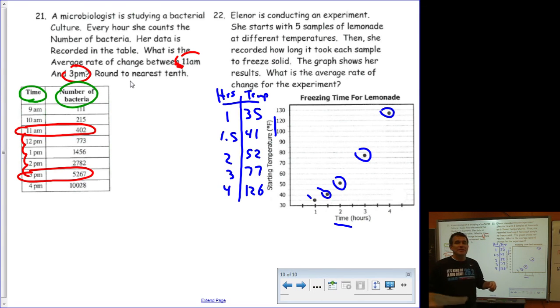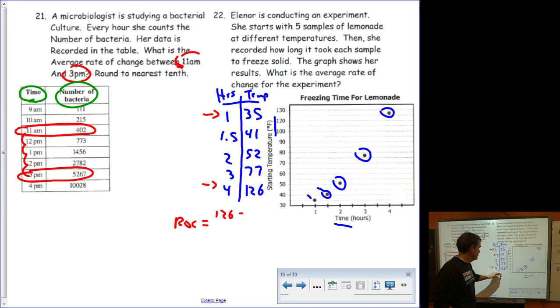And now I'm going to figure out the rate of change from the first hour to the last hour and get the average rate of change for the entire experiment. So again, rate of change is calculated like slope. You would do y minus y over x minus x.